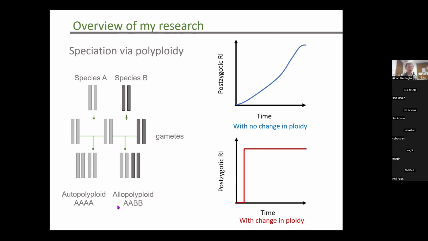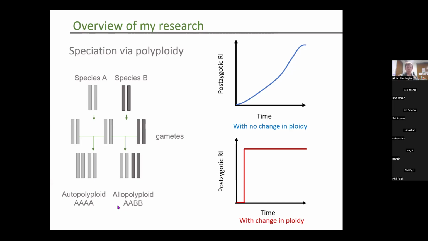When polyploids are first formed, they have a really high degree of post-zygotic reproductive isolation because of this increase in genome size and genome copy number. That means that they cannot form fertile offspring with diploid relatives.